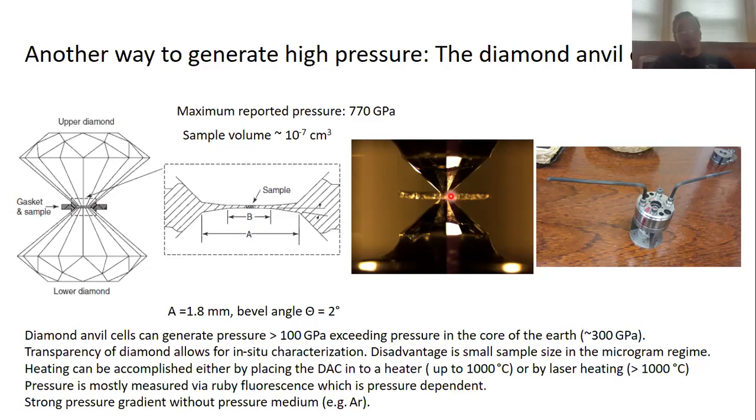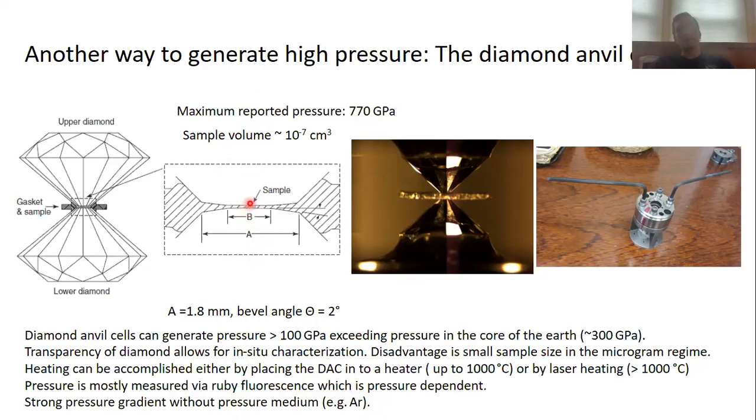Another important experimental parameter is the pressure medium. You can actually use, for instance, solid noble gases like argon as pressure medium, because otherwise, because of the uniaxial pressure that you apply to your diamond anvil cell, you may have a pretty large pressure gradient from the inside of your sample to the outside of your sample.